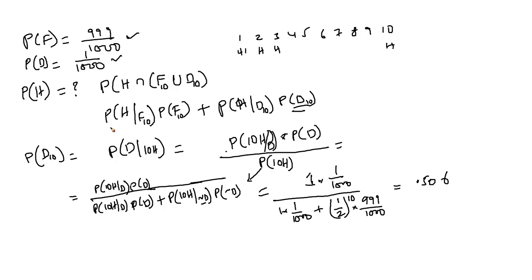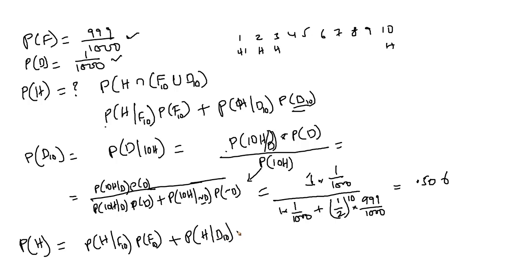Remember, our goal is to calculate these values. So again, I'll write it here. The probability of H is what is being asked here, which is going to be the probability of H given, after 10 events, it's a fair coin, times the probability that it's a fair coin after 10 tosses, plus the probability of H given double-headed, times the probability of double-headed.